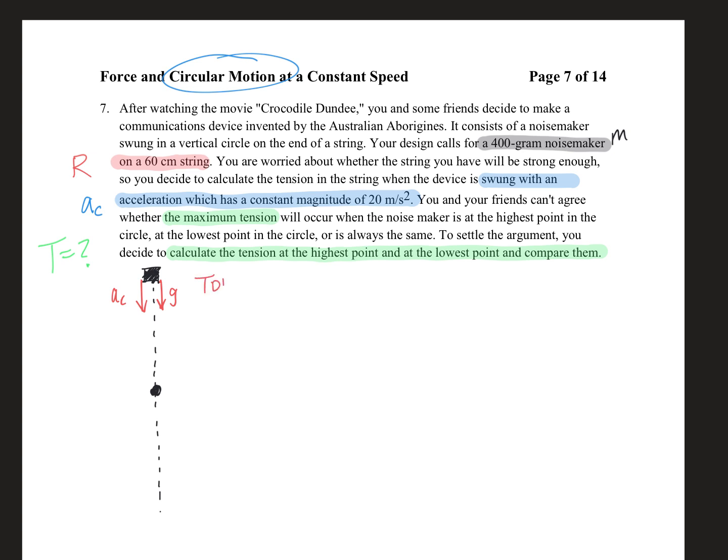So at the top, we have this. And then at the bottom, we still have gravity pushing it down, but the centripetal acceleration is still center seeking. So on the circular path, we need that centripetal acceleration pointing to the middle, all right? Because it's a center seeking acceleration.